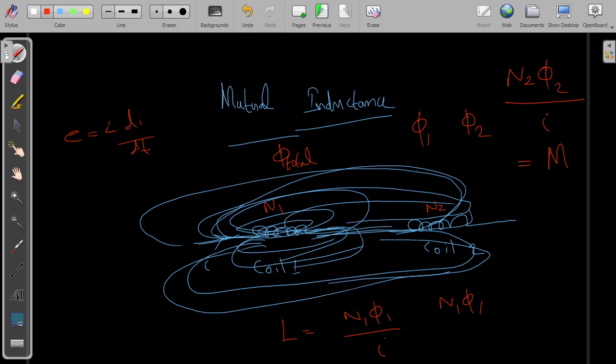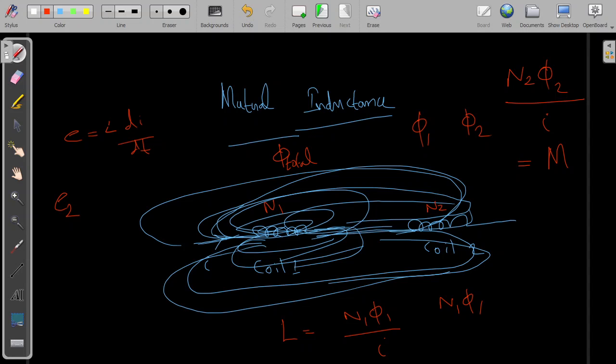Similarly, due to the rate of change of flux linkage with this coil 2, according to Faraday's law of electromagnetic induction, another induced EMF E2 will be induced in this coil 2.